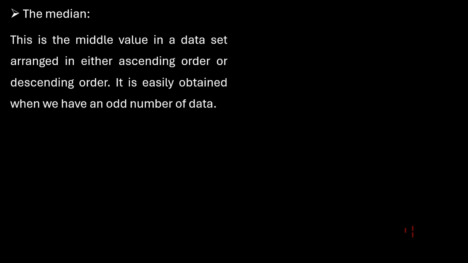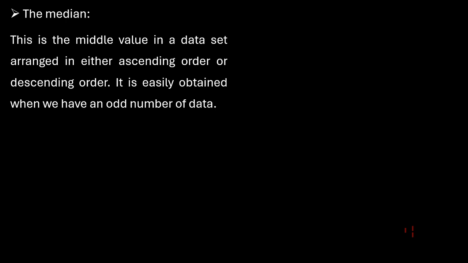Now we go to the median. This is the middle value in the data set arranged in either ascending order or descending order. It is easily obtained when we have an odd number of data.